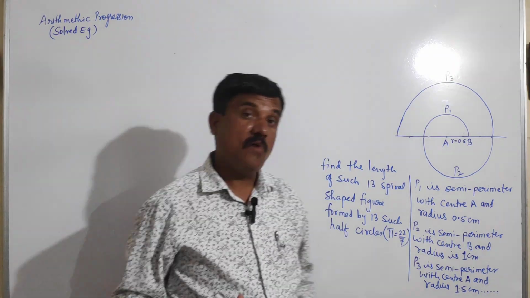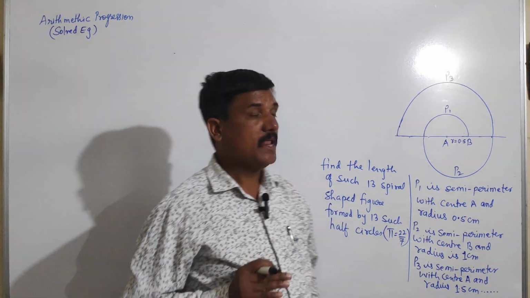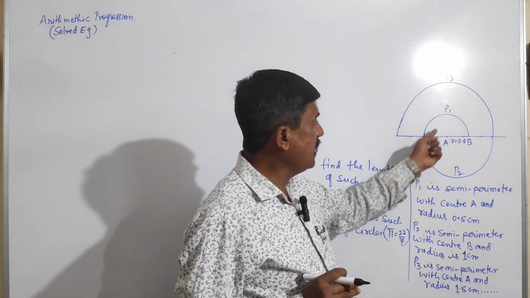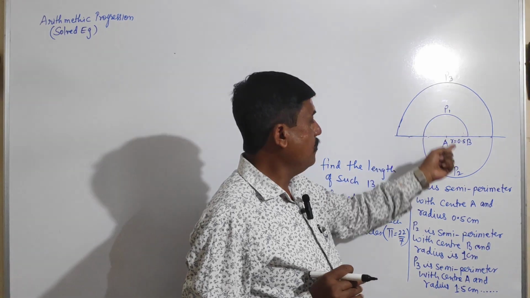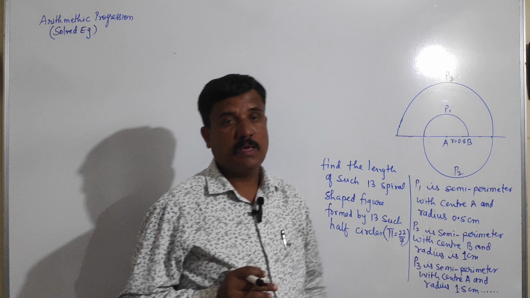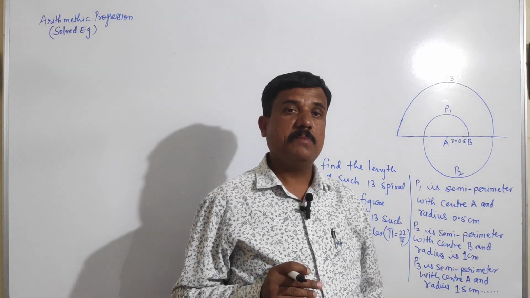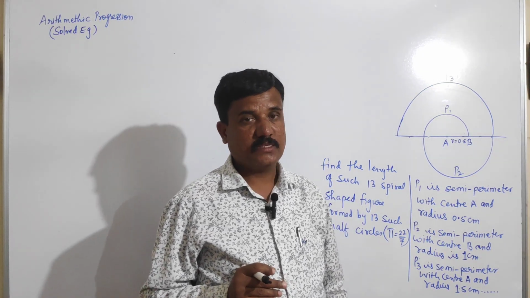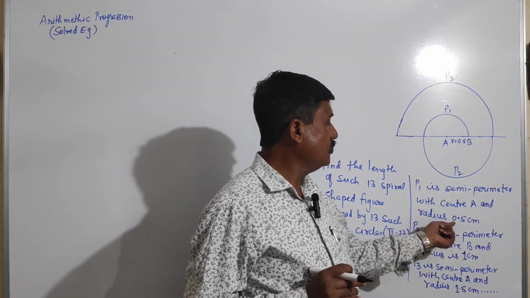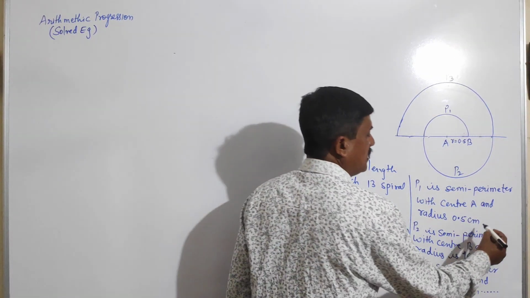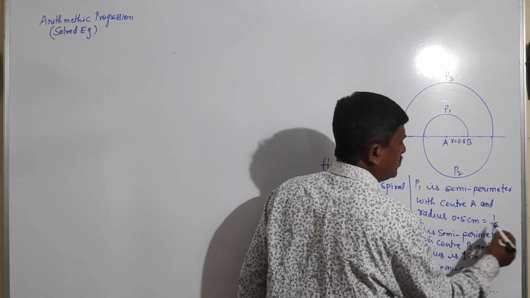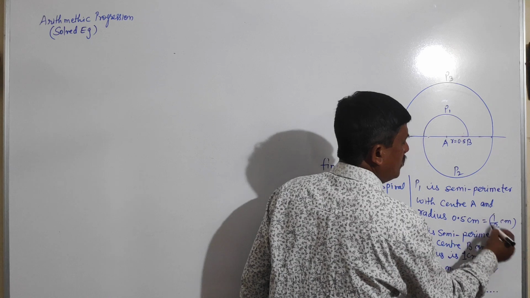We have to find the length of such 13 spiral figure, where P1 is the first semi-perimeter, P2 the second semi-perimeter, P3 the third semi-perimeter. Semi-perimeter here means a circumference. What is the value of radius given? 0.5, which is nothing but half centimeter.